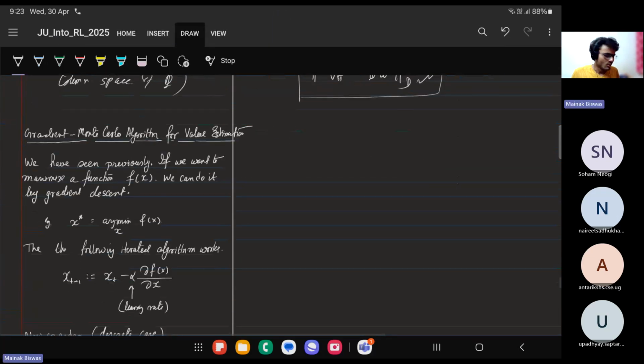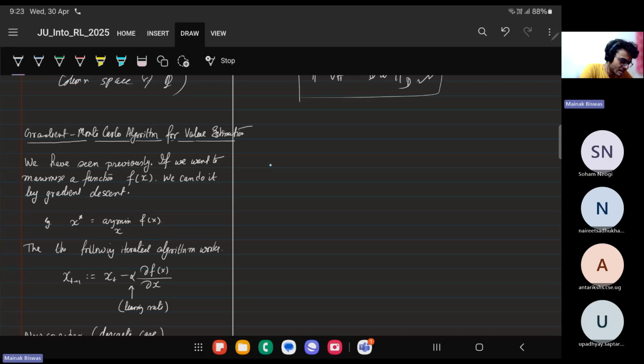Okay. So now, as we saw in the first few classes, we did what is called the gradient Monte Carlo. We didn't do gradient based stuff, but we did something called the gradient descent, right?